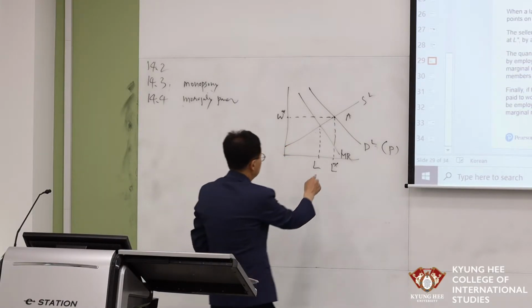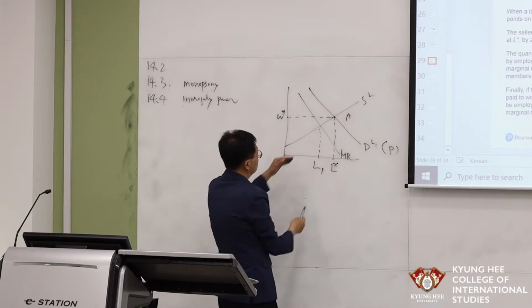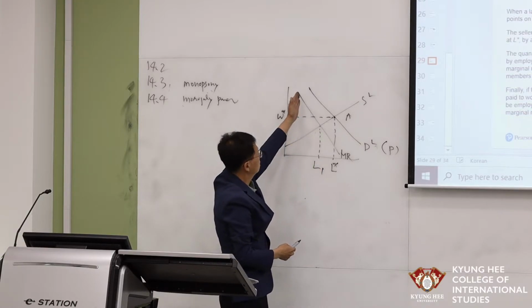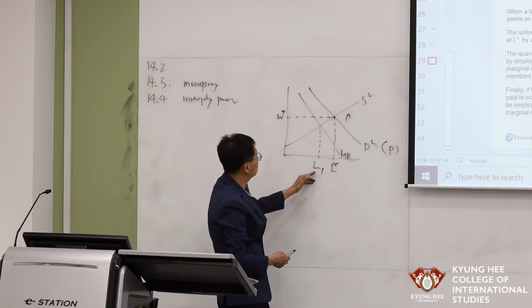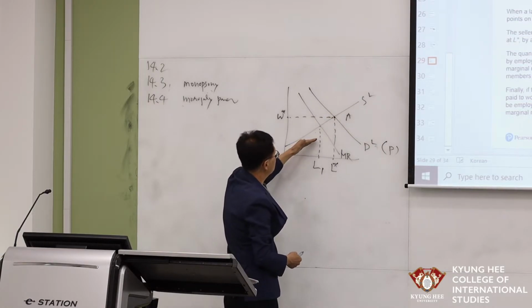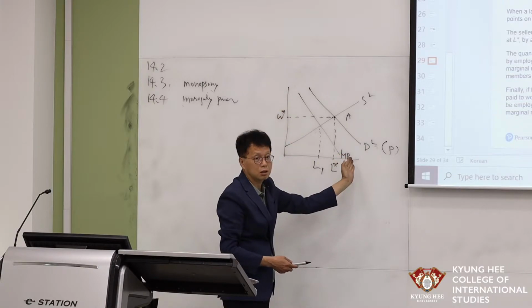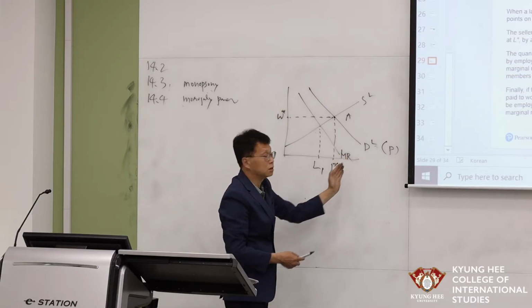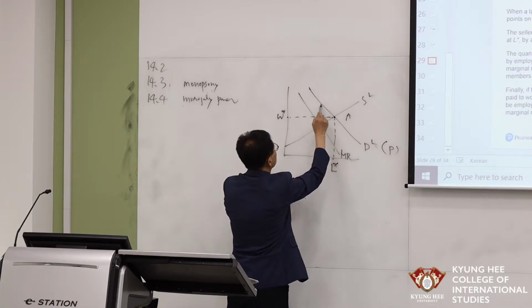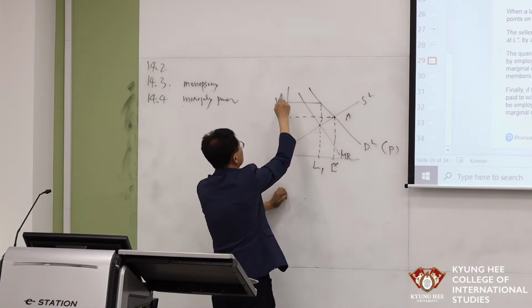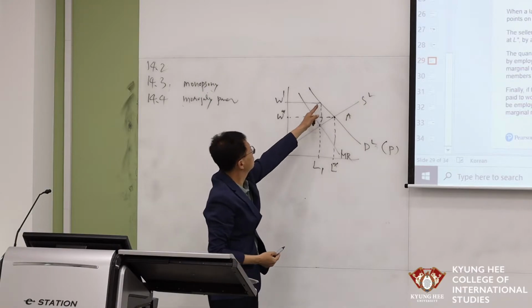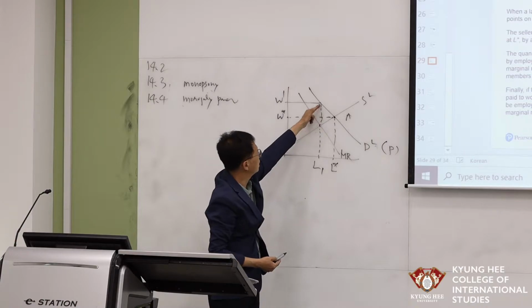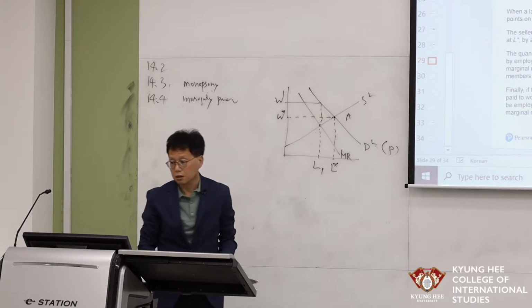They choose the equilibrium labor quantity where the supply curve of labor intersects marginal revenue, and receive a higher wage rate. This one, that is W1. In this case, they receive a higher wage rate, W1.